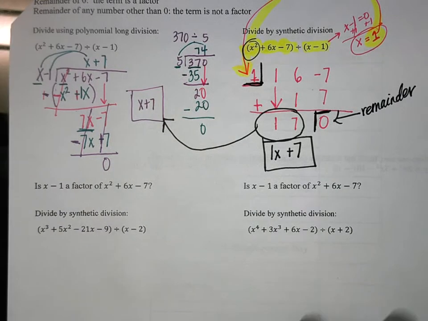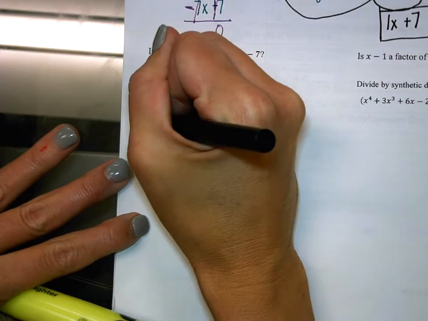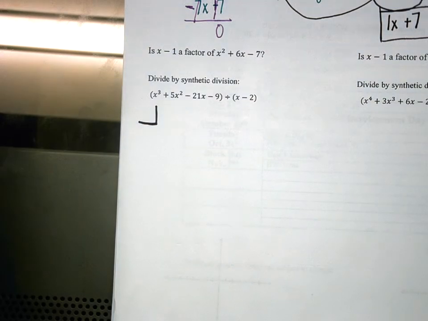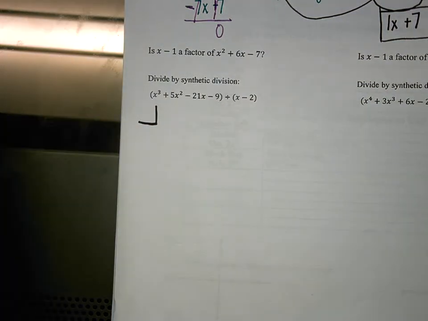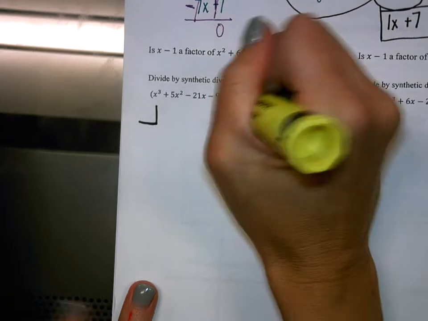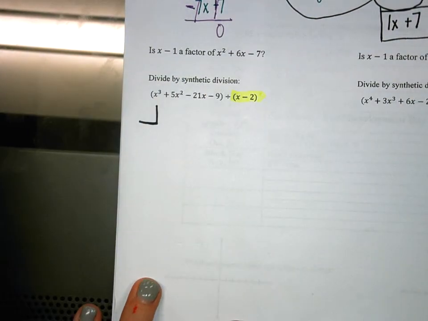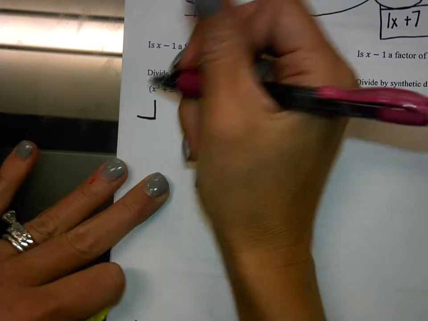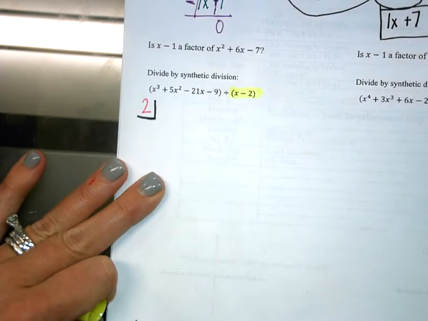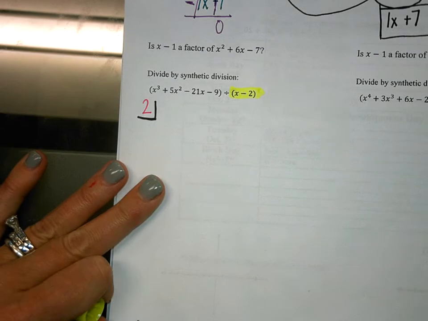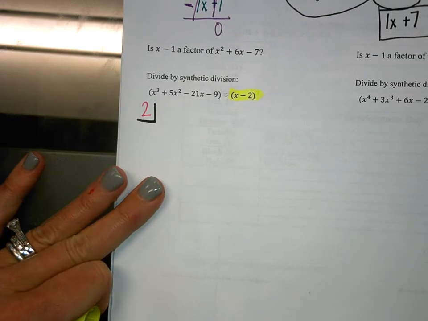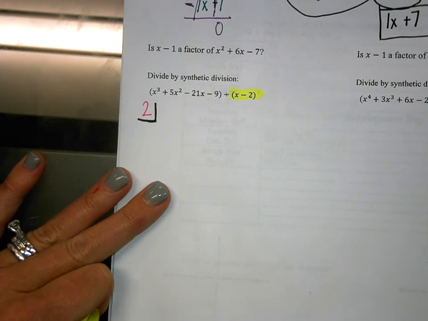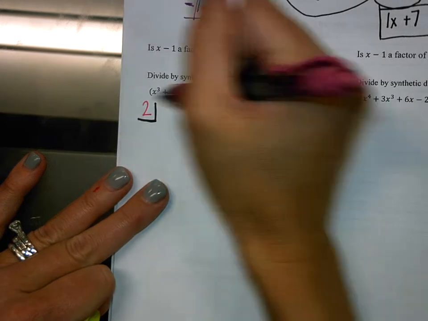Are you ready? Who knows what value is going to go in this box here to the side? Positive 2, because if you set that equal to 0, it equals 2. So we are going to put a 2 there. Who remembers the next thing we do? We put the coefficients from each of these terms.